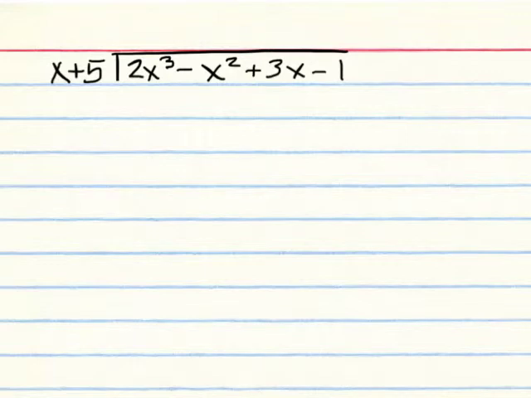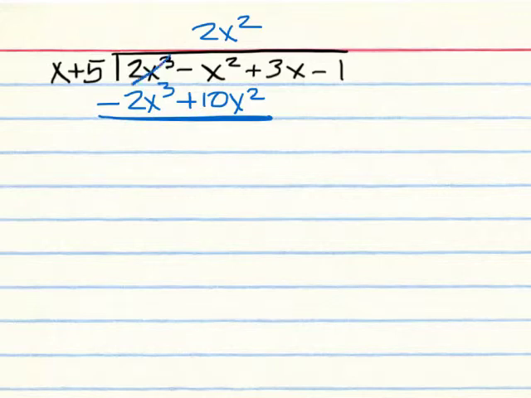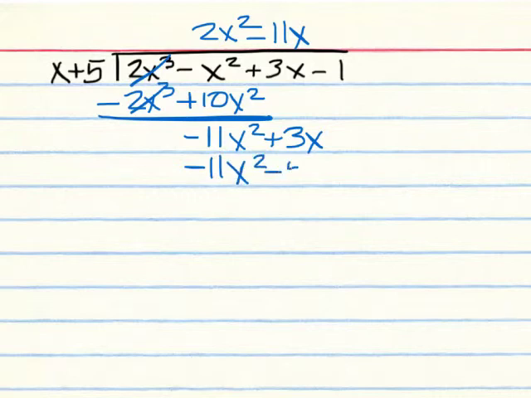Solution for the practice problem. You should have a 2x squared here to get 2x to the third minus 10x. Actually, that's plus 10x squared. And subtract. Those cancel out, and you'll have a negative 11x squared plus 3x. You'll need a minus 11x here to get a negative 11x squared minus 55x.